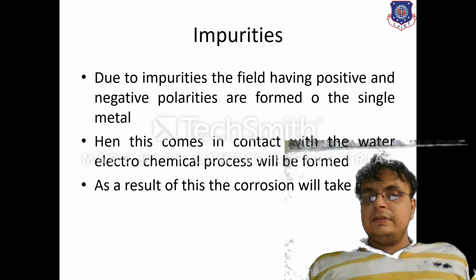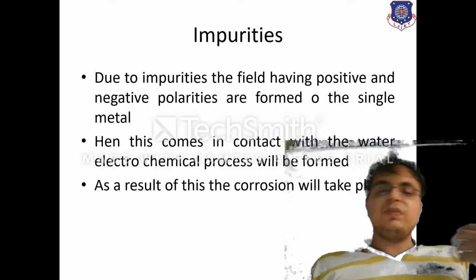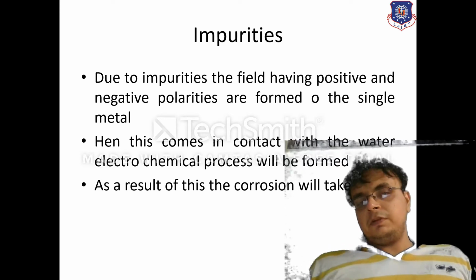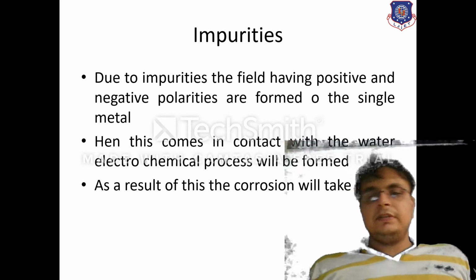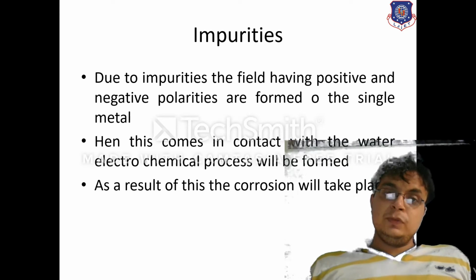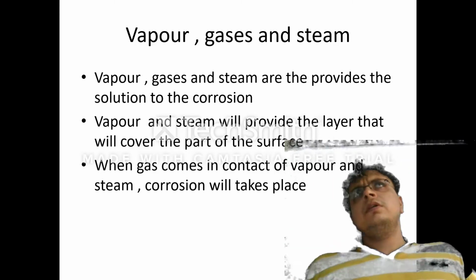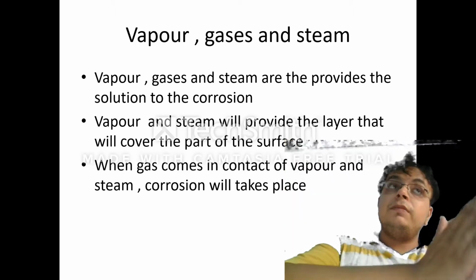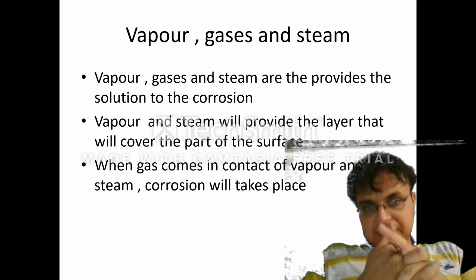Hence, when this metal comes in contact with water, an electrochemical process will be formed. As a result, corrosion will take place. So this is how impurities can affect the metal in forming corrosion.